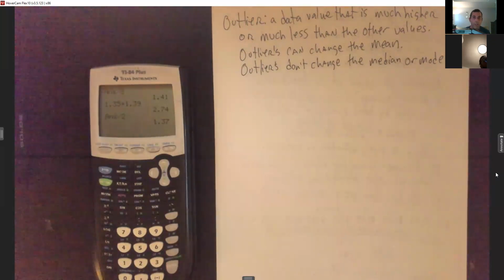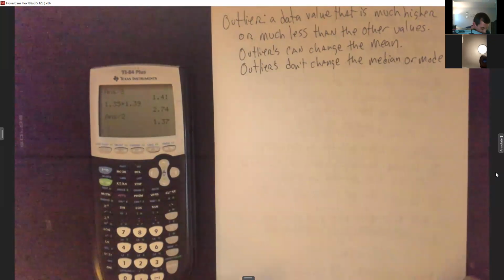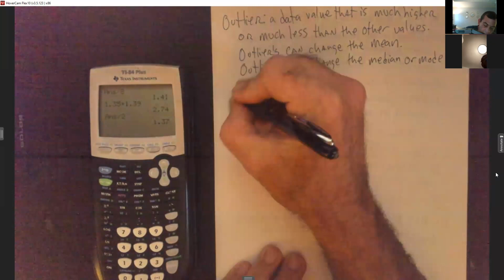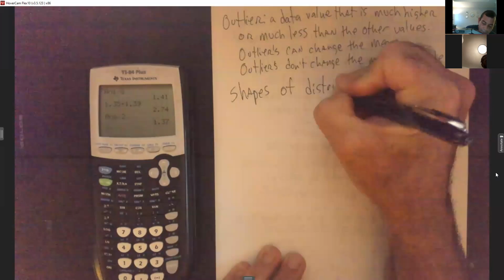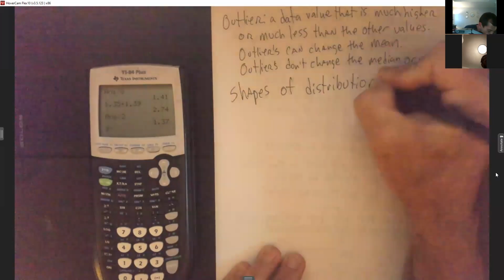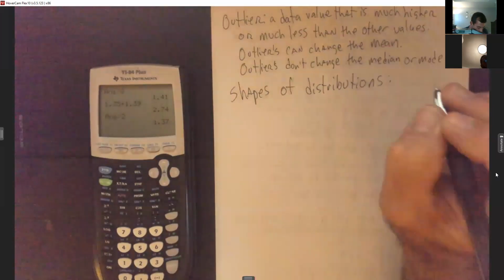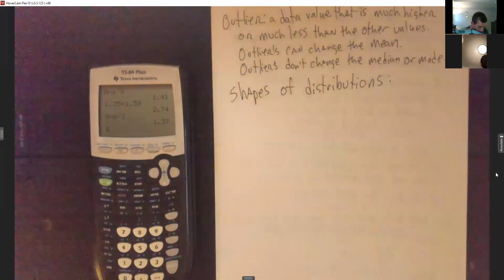All right, so what we want to look at now is the shape of distributions. So I'm going to start looking at the shapes of distributions. All right, y'all, I had pictures of this that I'm going to put up here.